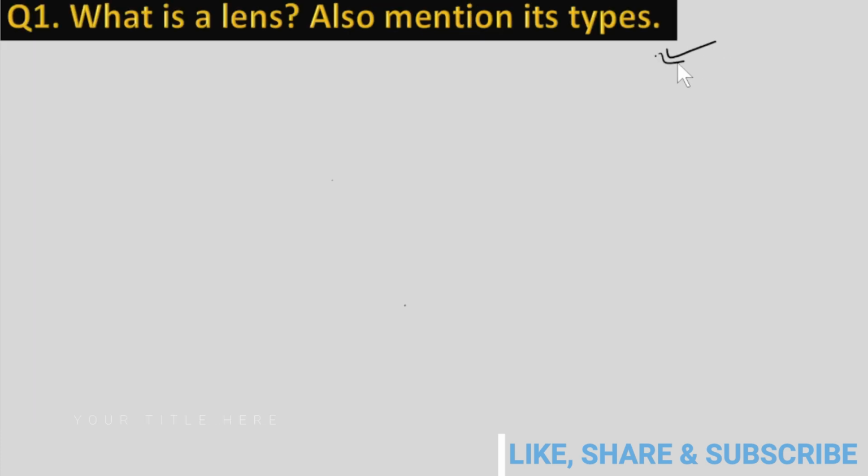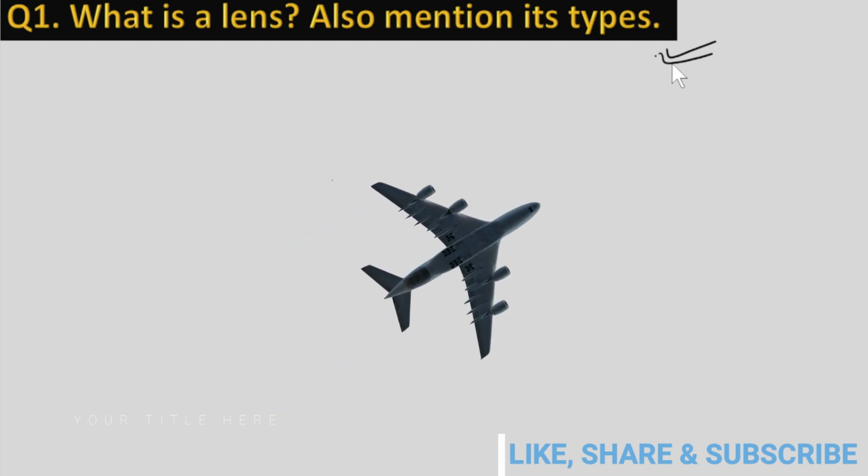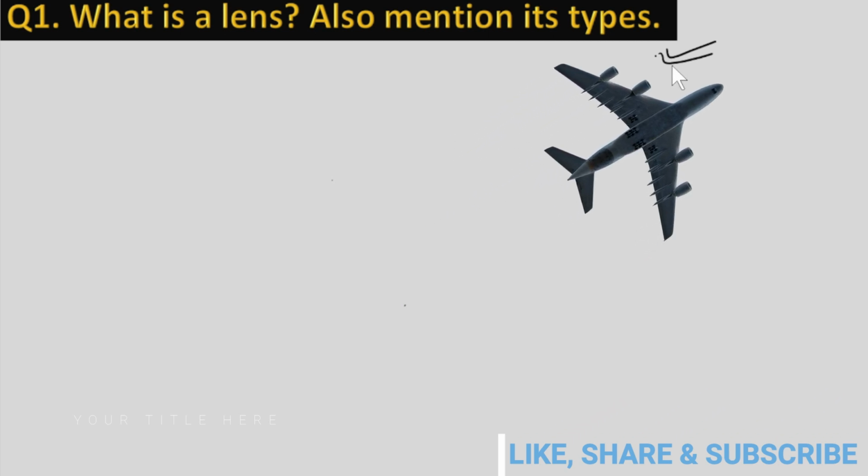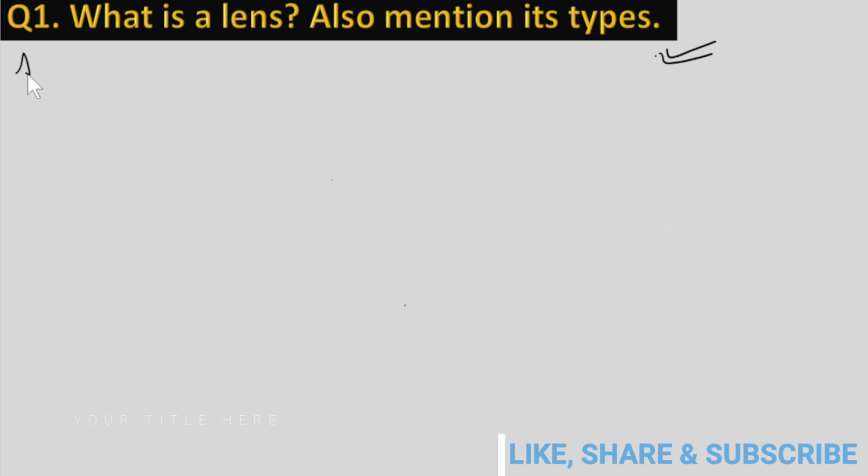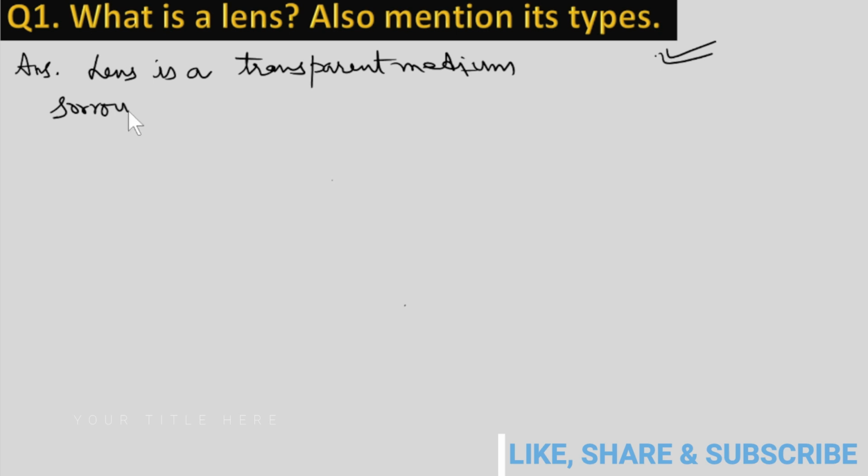So the first question happens to be, what is a lens? Also mention its types. Answer. Lens is a transparent medium surrounded by two surfaces.